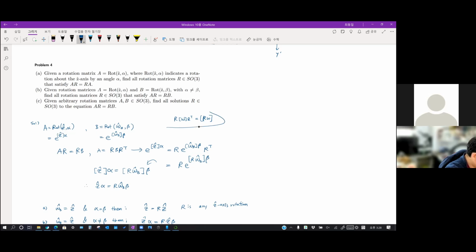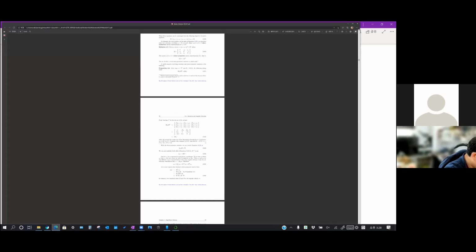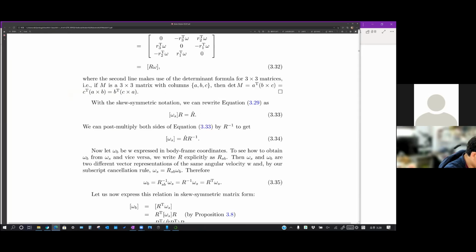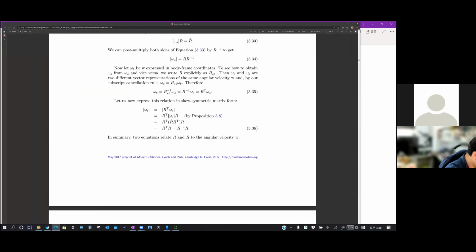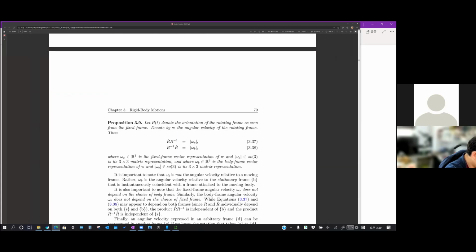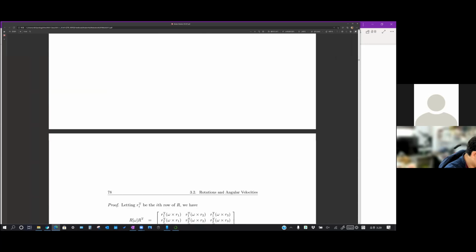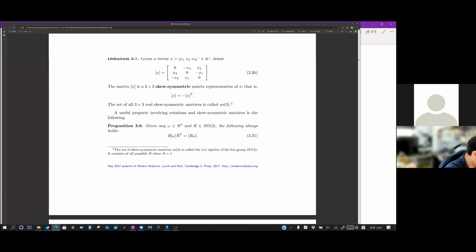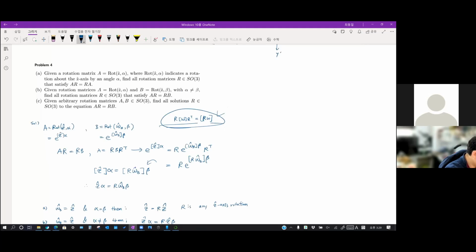And there is a relationship, as you can see, this one, proposition 3.8, like this. We can convert this rotation matrix and rotation matrix transpose, and this one goes inside. So we can write down like this.